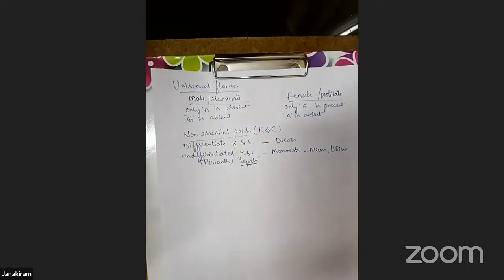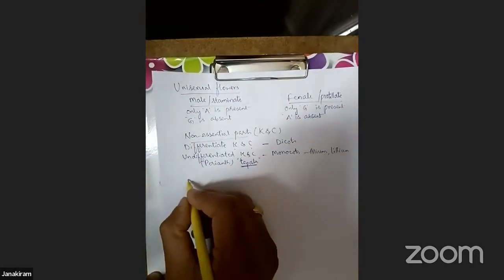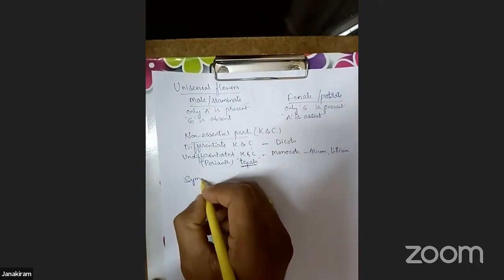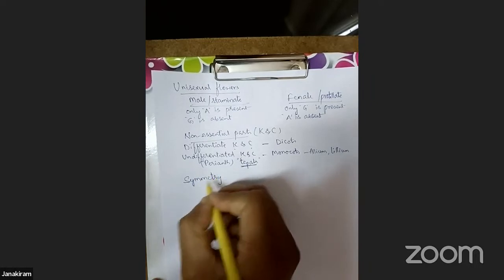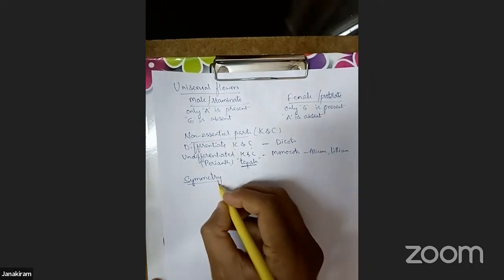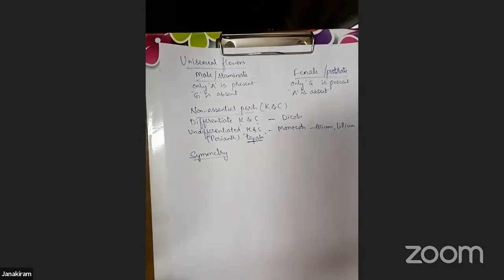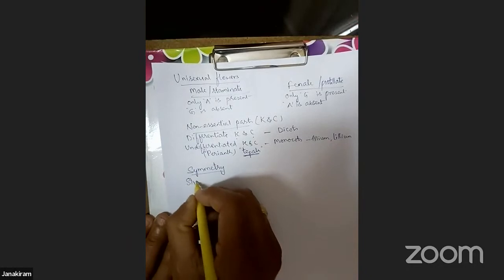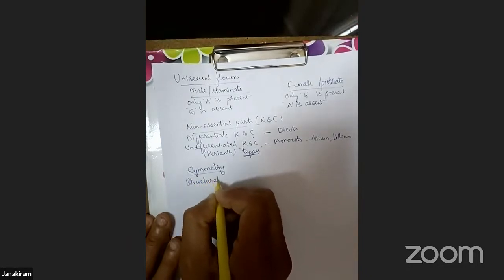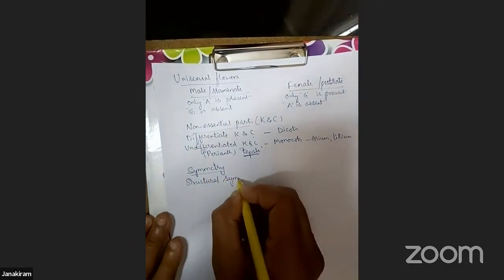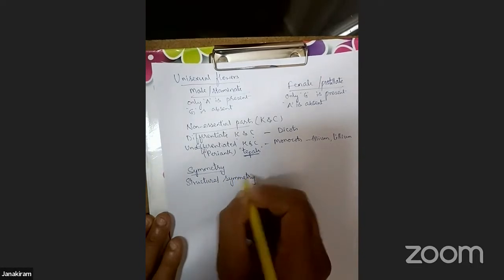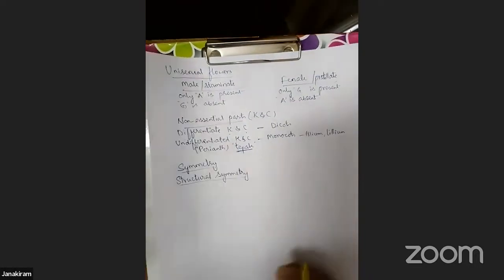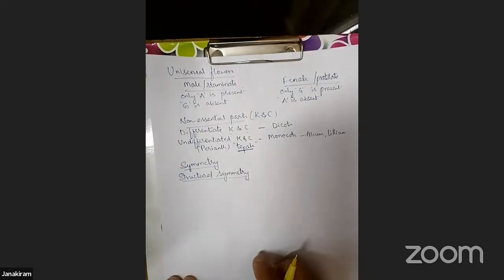Then coming to the symmetry of the flowers. Starting with the first one, that is structural symmetry. There are three types of structural symmetry, depending upon the arrangement pattern of the floral organs.